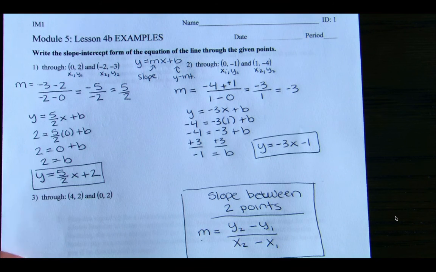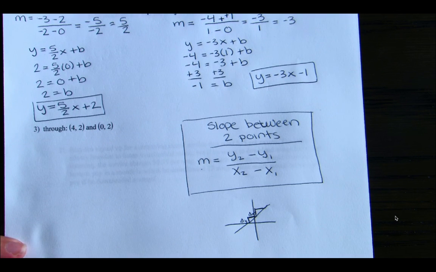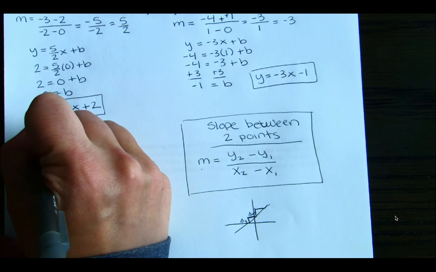This last example is going to be kind of a tricky one. They do come up sometimes because sometimes we get lines that aren't perfectly diagonal. Sometimes we get lines that are vertical, and sometimes we get lines that are horizontal. So this is going to be an example of a line that is just horizontal. Again, I'm going to try and find my slope.